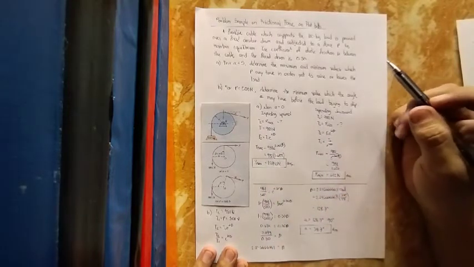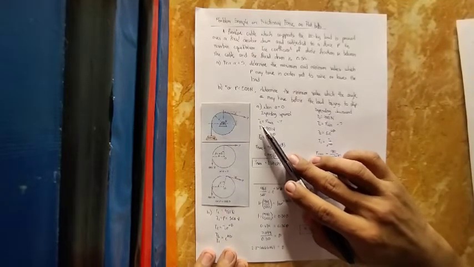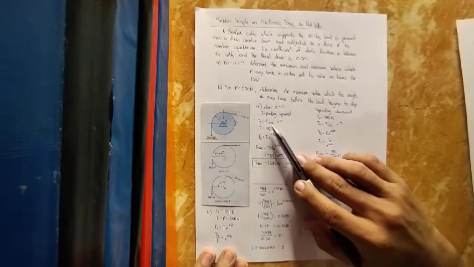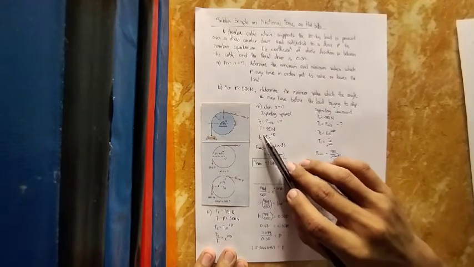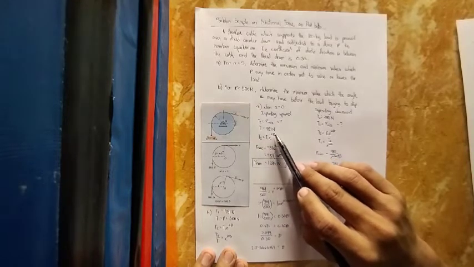Ibig sabihin pataas. Ang given natin is T2 or tension 2 is equal to maximum value of P. Ito yung unknown natin. At ang given is tension 1 which is equal to 981 Newton.